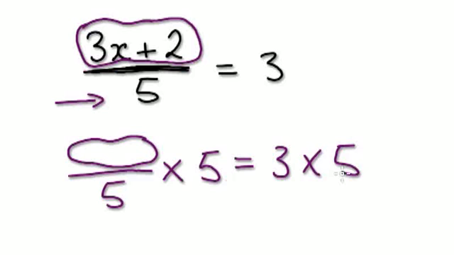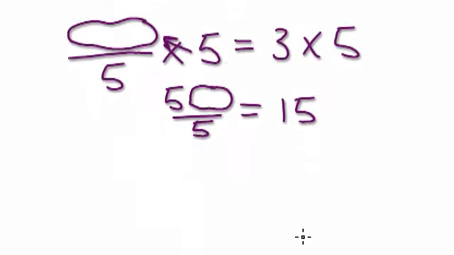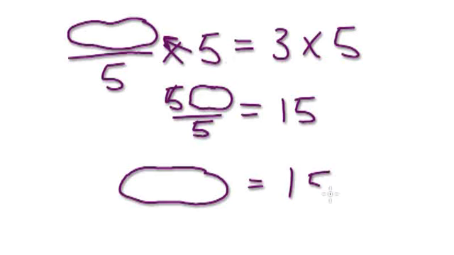So 3 times 5. When you times a fraction, it goes on top. So what you've got here is the bubble over 5 times 5 equals 15. Here you can see the two 5s kill off each other, so you're left with the bubble equals 15.